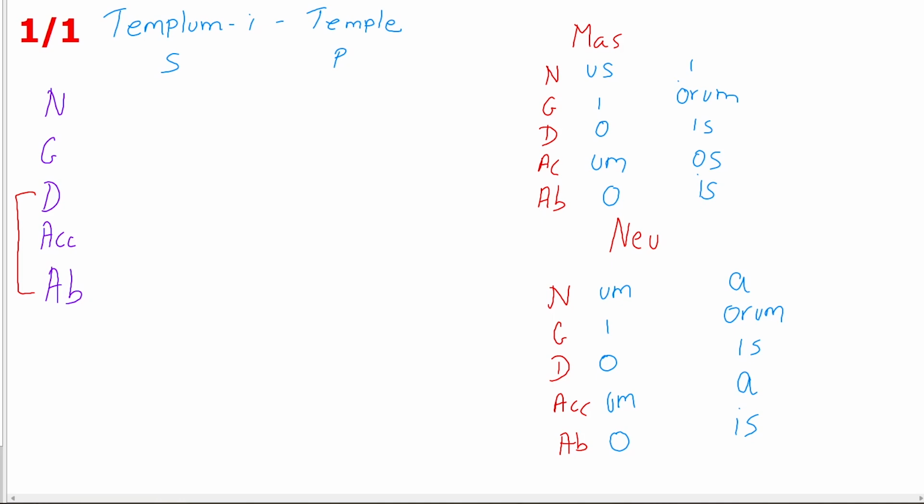Nominative singular would be templum. Genitive singular, templi, then dative singular would be templo, accusative templum, ablative templo.